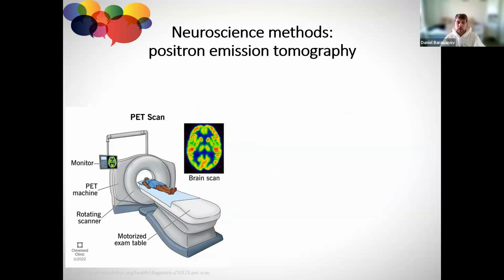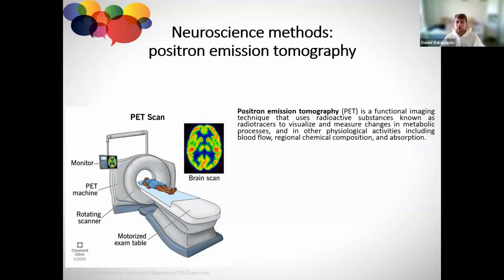Another technique is called PET, positron emission tomography. This machinery, this device, is a bit more complicated. The method is a bit more complicated than the methods we discussed earlier.